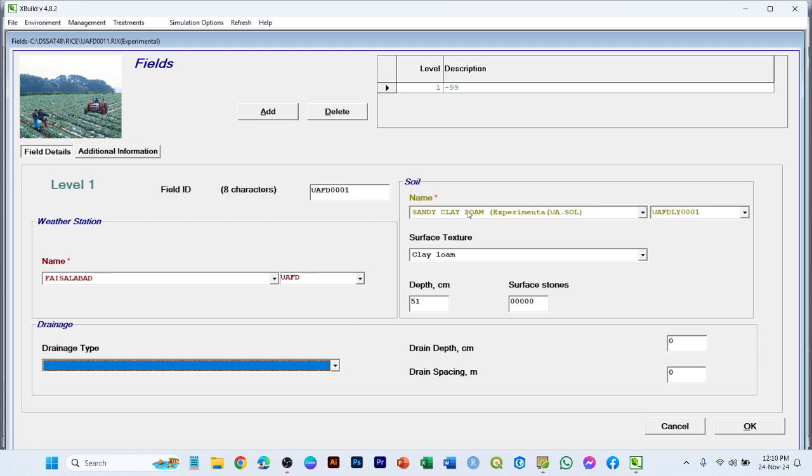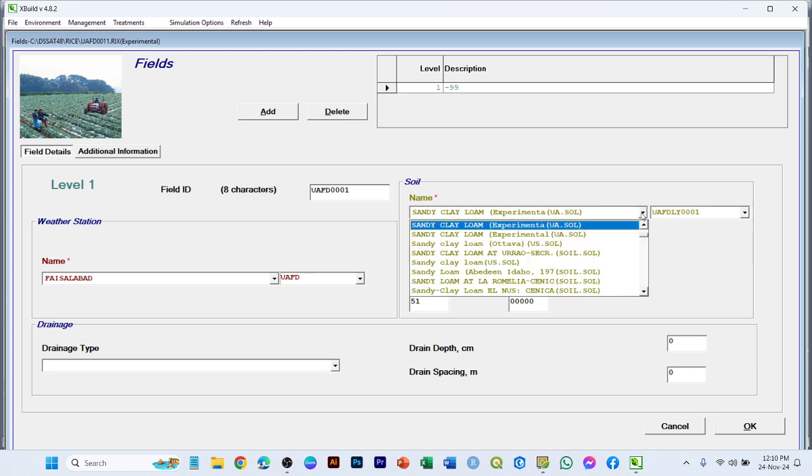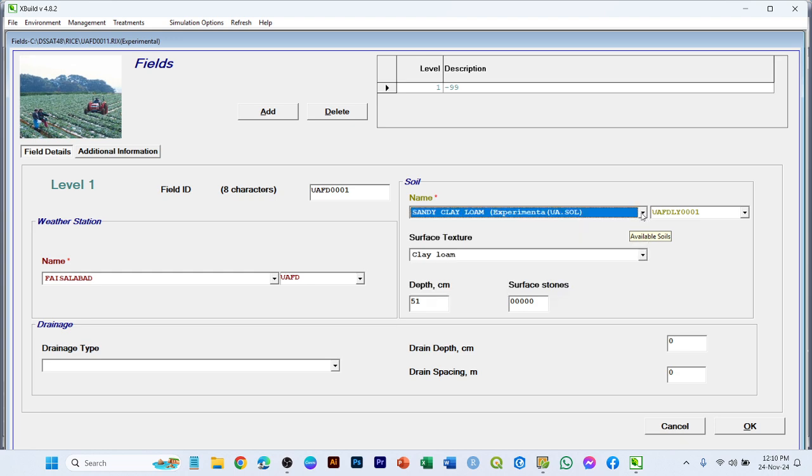So now we have to go for the soil file again. We have to create the soil file according to the experiment, where it is, and accordingly the institute code, the site code, and number of experiments. Similarly, just like the weather file.